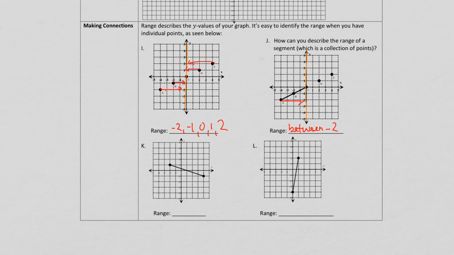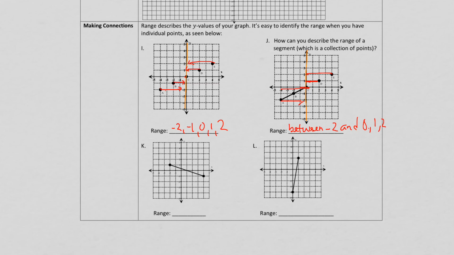Sorry, I just said 2, but it's -2. And the highest point of that segment is actually right there. It's 0. Okay, again, we have points on this grid, and so I'm looking at that point which falls on 1, and my next point falls on 2.